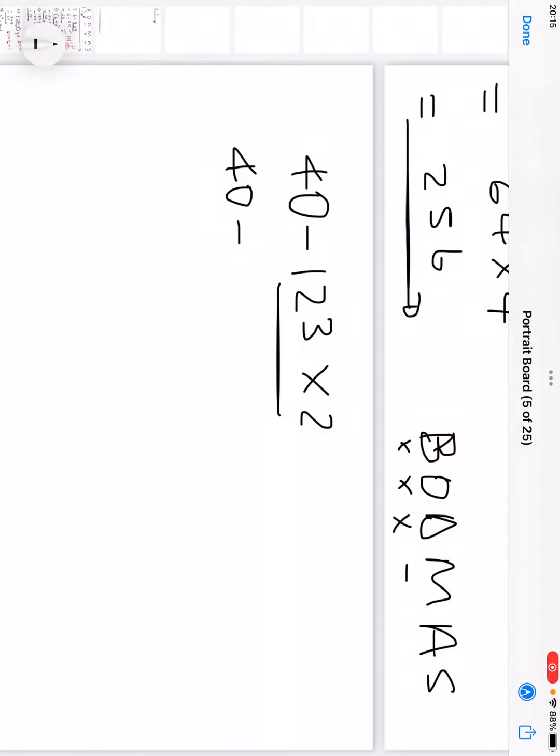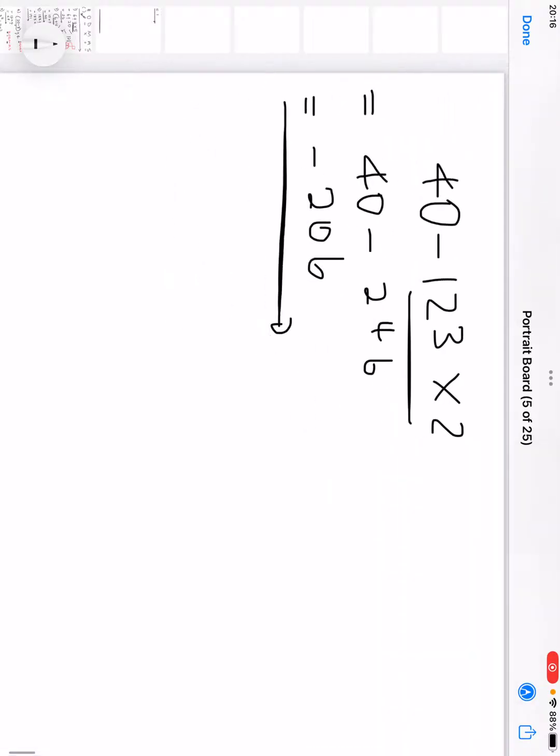What will that be? 1, 2, 3 multiplied by 2 gives 2, 4, 6. Okay, then it's fine. So now you have that 40 where you minus 2, 4, 6, and it ends up giving you a negative value, negative 206, and that should be the end of it.